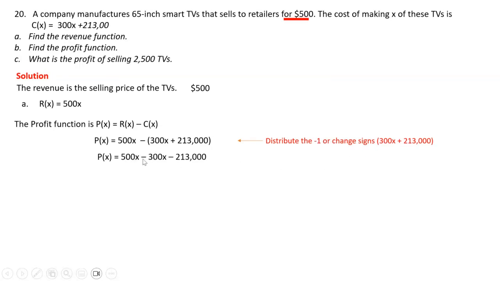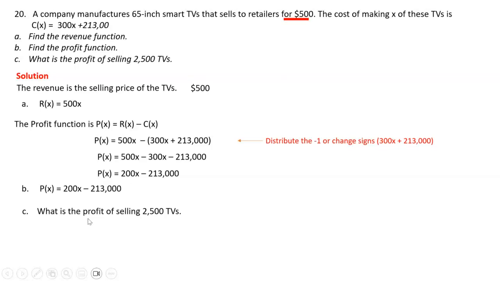This gives us 500x minus 300x minus 213,000. Now we can combine the 500x and the 300x, which gives us 200x. So the profit function is 200x minus 213,000. That's the answer for part B.